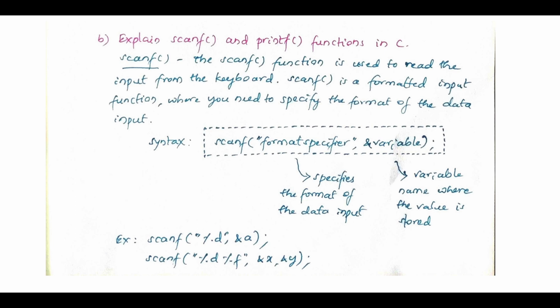You can see the example scanf("%d", &a) means you are going to store the integer value in a. Scanf("%d %f", &x, &y) means you are going to store an integer value in x and a float value in y.